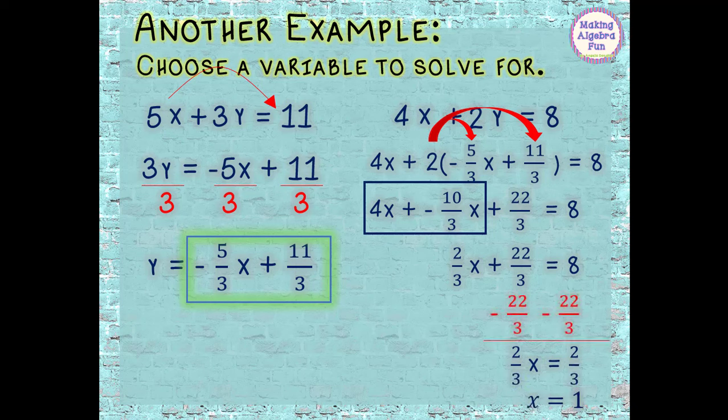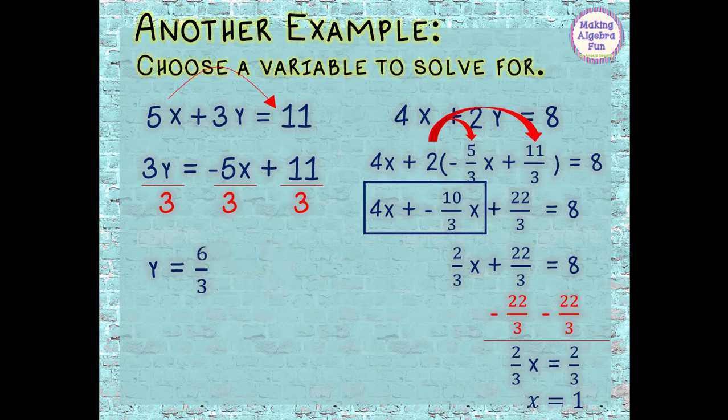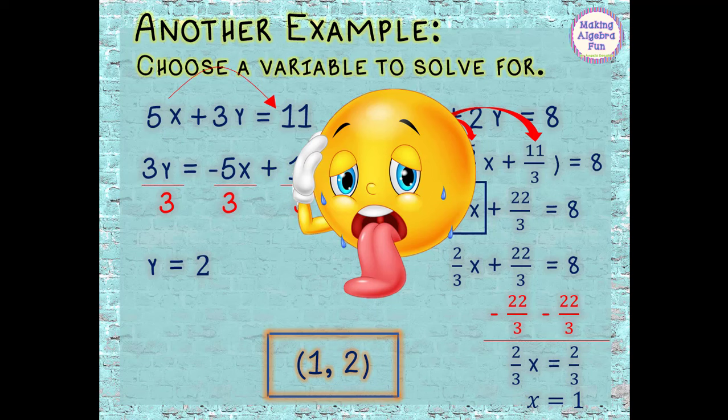And it does end up giving you 1 if you can make it all the way through it. And then once you get 1, you're going to sub that in like we always do, and I'll get negative 5/3 times 1 is just negative 5/3, and then I add 11/3, which gives me 6/3, or just 2. So my answer comes out to be 1, 2, but it was quite exhausting to get there.